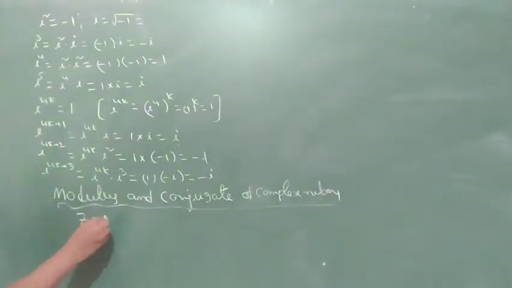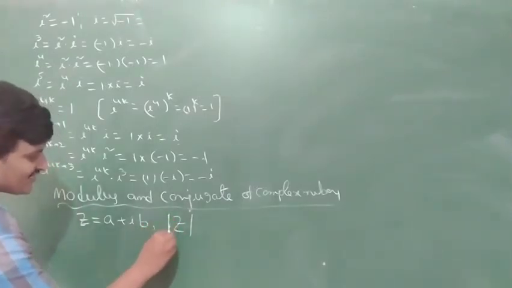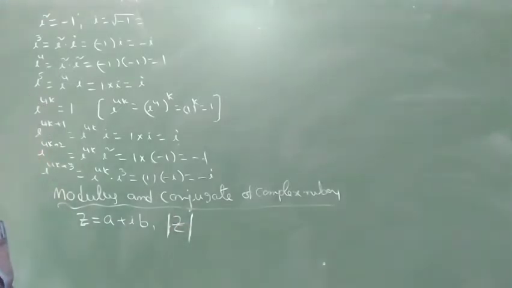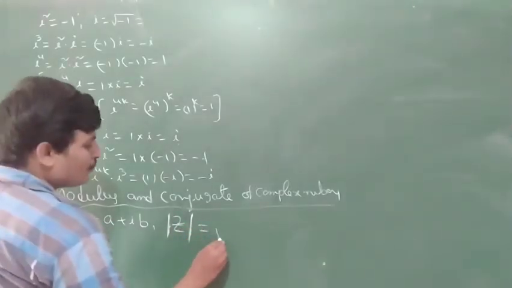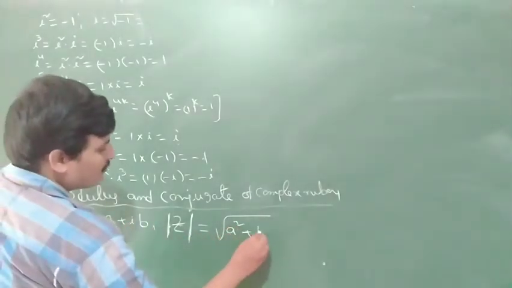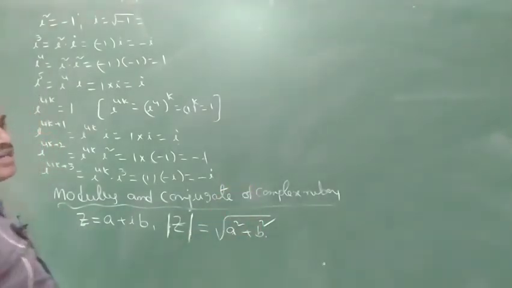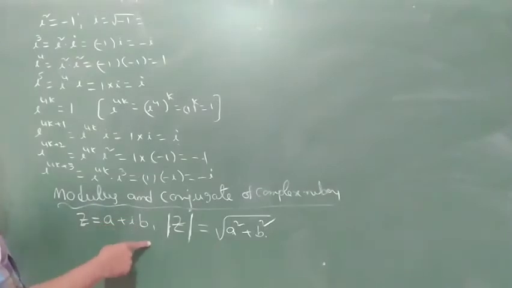For example, z is equal to a plus ib. The modulus of z, this is the symbol of modulus. Modulus of z is equal to root of real part whole square plus imaginary part whole square. This is the modulus of a complex number.